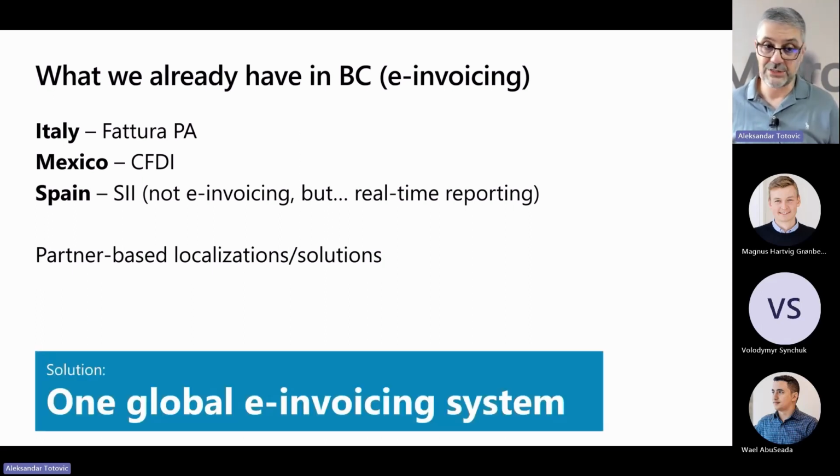The solution was to create one core electronic invoicing or electronic document system as a global app for all countries. It will not be 100% accurate. That means it will not fit everything. Maybe some file formats, some small things are missing, but it will be the same model for all countries. On top of that, as some things will be missed, we will add some local flavors as specific small localizations or local apps.